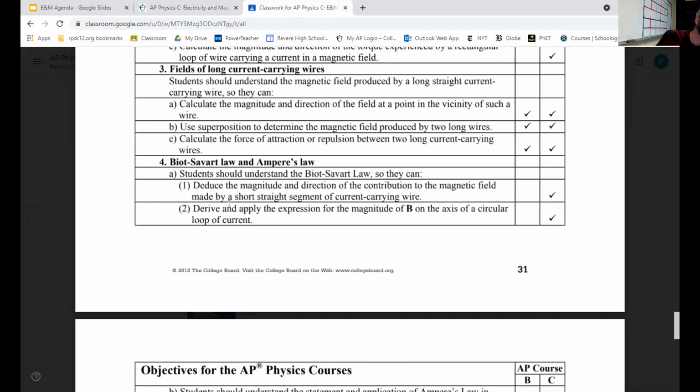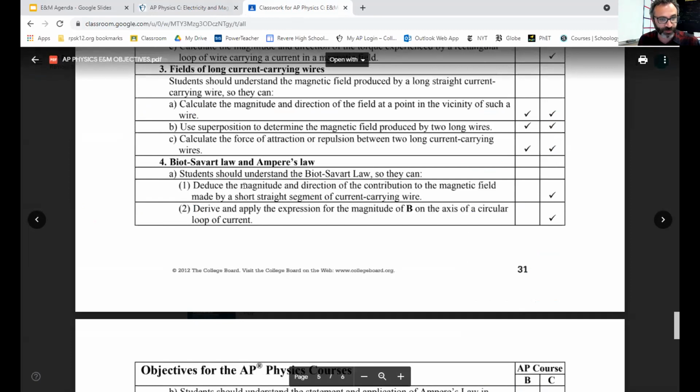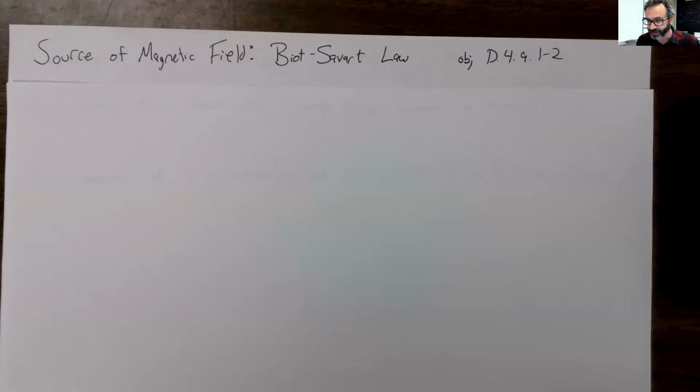And in a problem that we're going to do later on, we'll be able to derive and apply the expression for the magnitude of the field on the axis of a circular loop of current. All right. So mostly this first one, though, the magnitude and direction of the contribution to the magnetic field made by a short segment of current carrying wire.